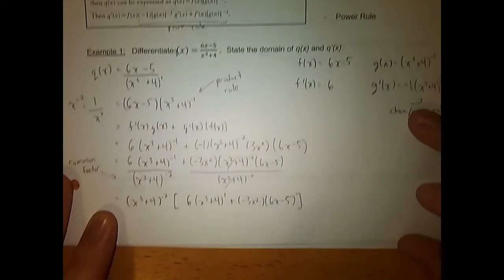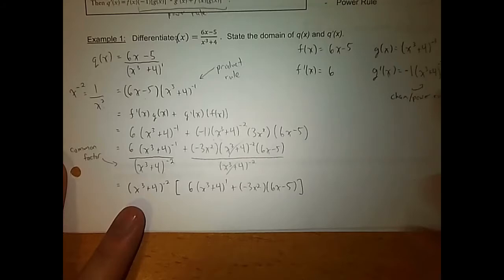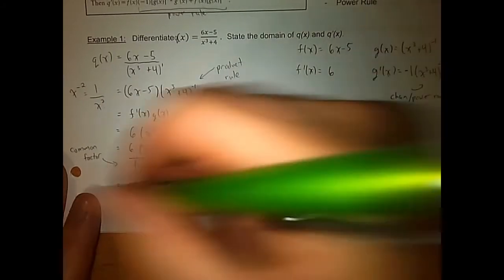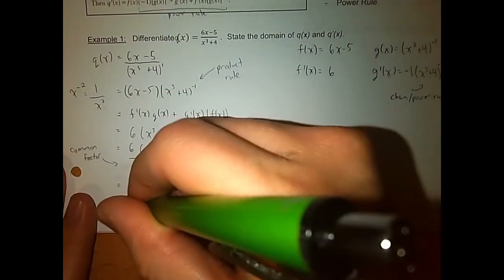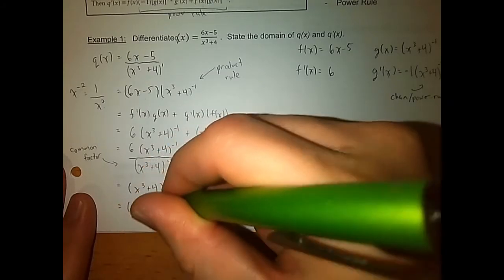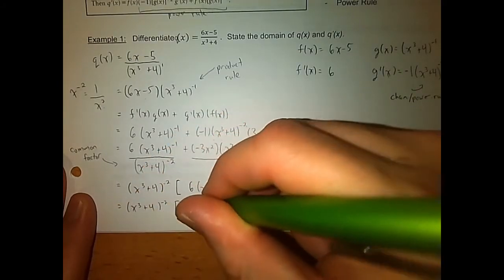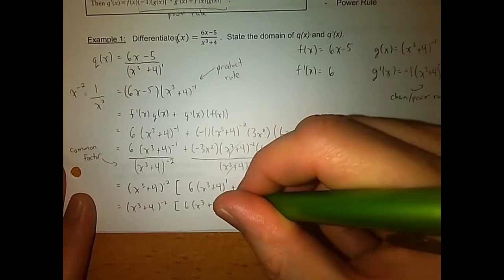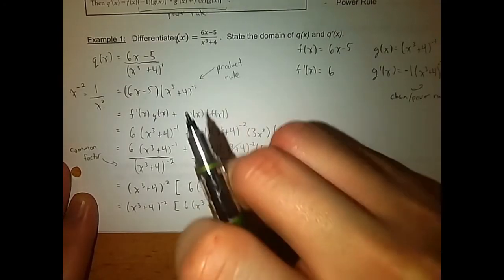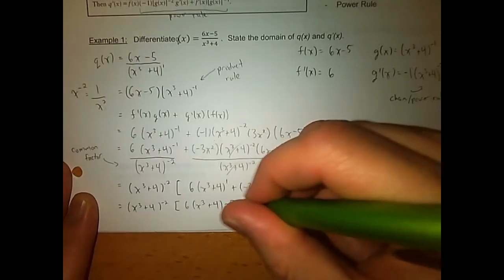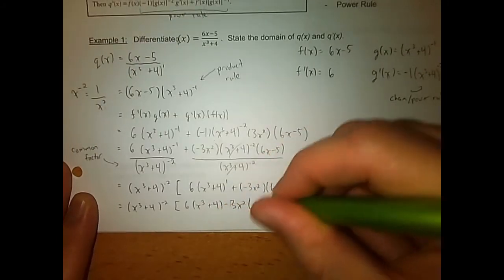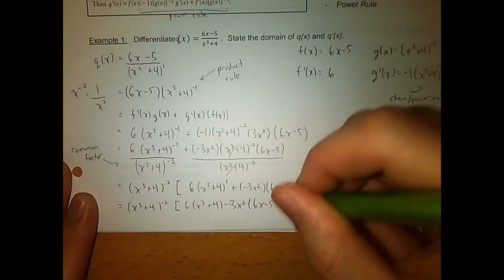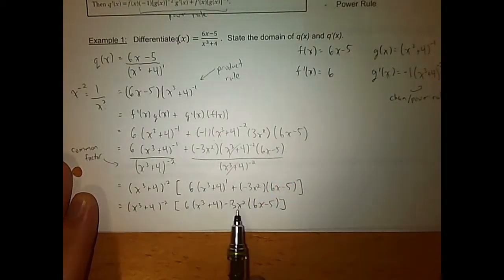Now you might be wondering, how can we simplify this further? Well, I can simplify this. I know it's a small one to fix, but we can do that. 6x to the power of 3 plus 4 minus, not plus, should be minus 3x squared times 6x minus 5. Well, I can see between these two coefficients that I can probably common factor out another number here. I can common factor out a 3.